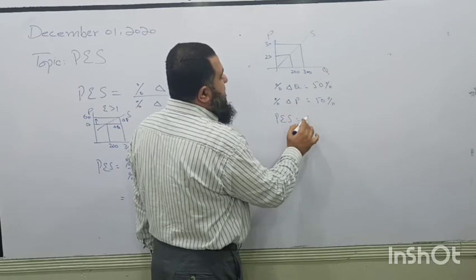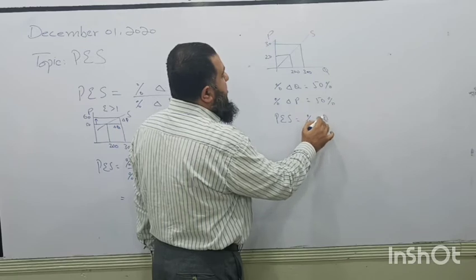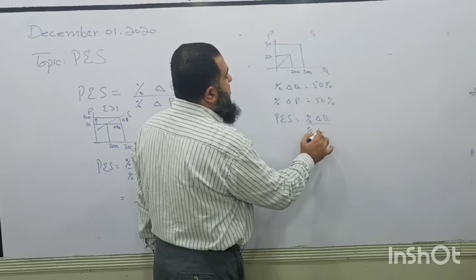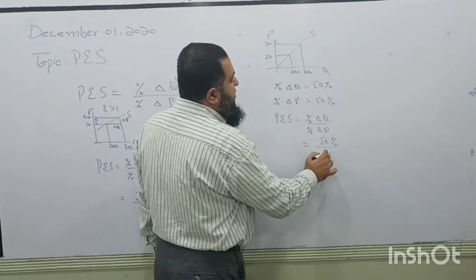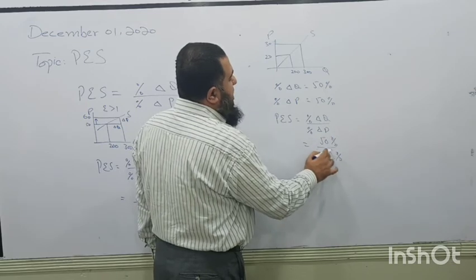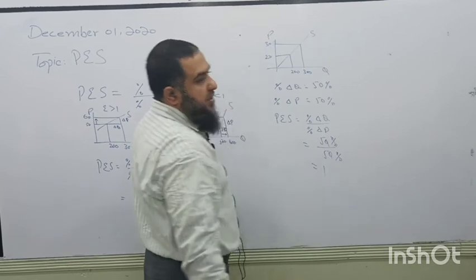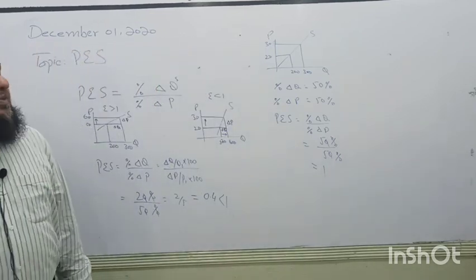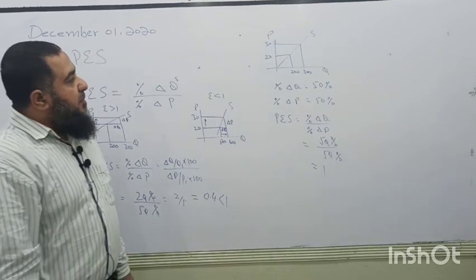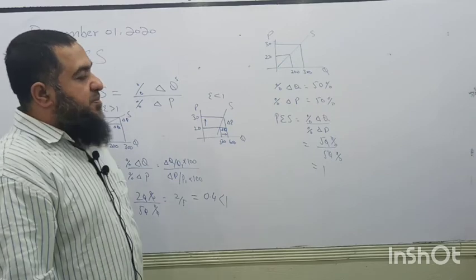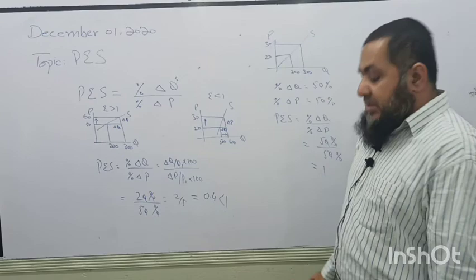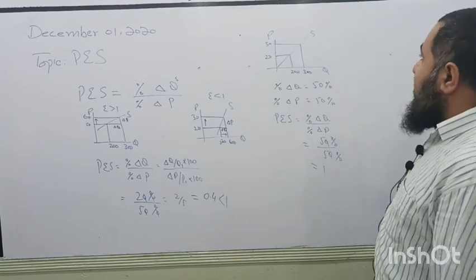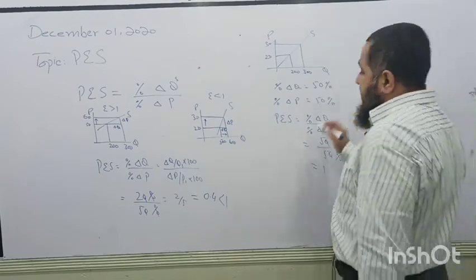Put them into a single formula. So it is 50% over 50%. So what will be the answer now? 1. This is unitary price elastic supply. Percentage change in quantity supplied is equal to the percentage change in the price of the product. That's why we say this is unitary price elastic supply.